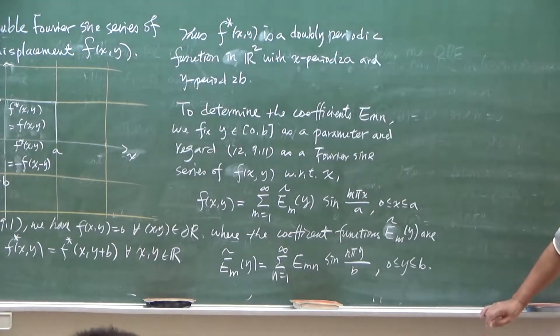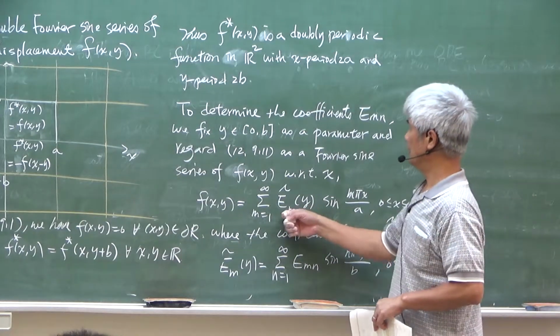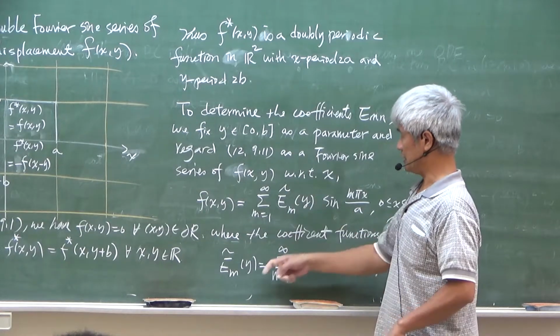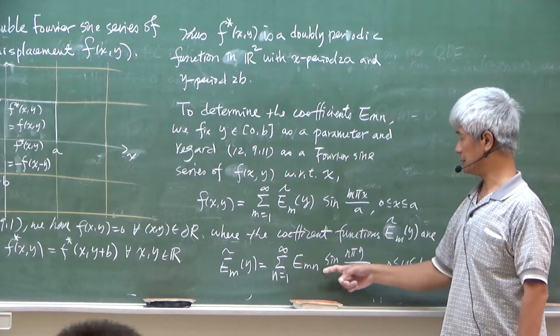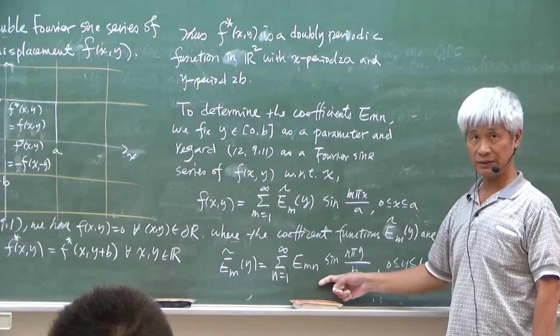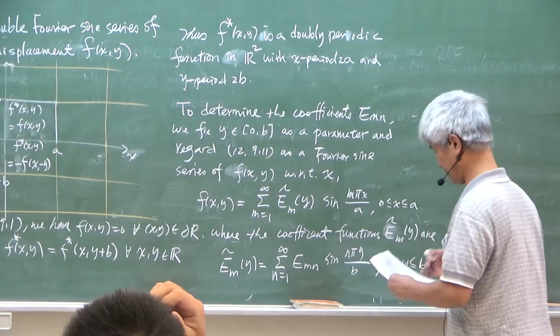So that is the coefficient function. We have to find the coefficient function, and expand the coefficient function by the Fourier sine series expansion, and then we can find E_mn.